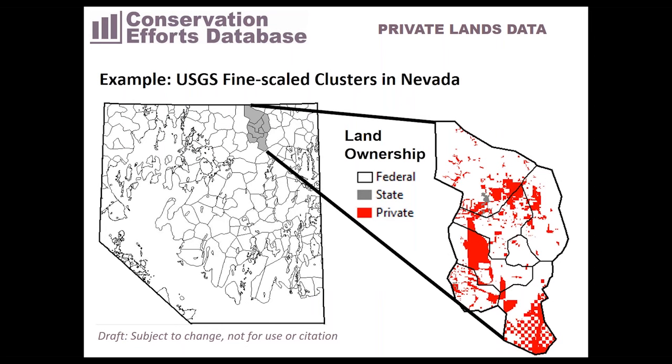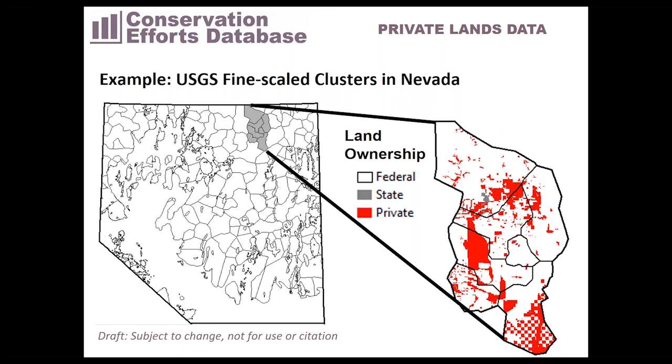Looking at that same example, we've got those 7 units, and drawing your eye to the red pixels on the screen, you'll see that we have not only enough private land, but enough landowners in each of those polygons to obscure private landowner location and information.